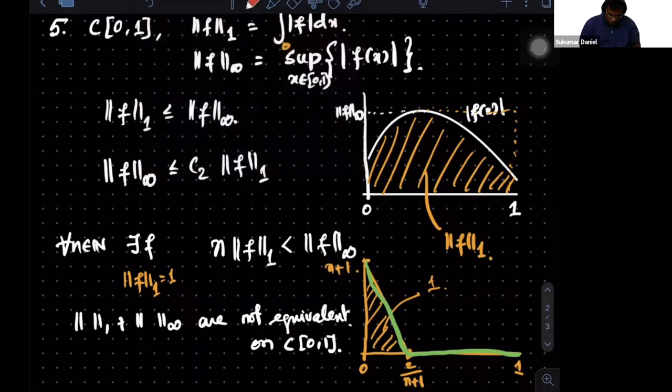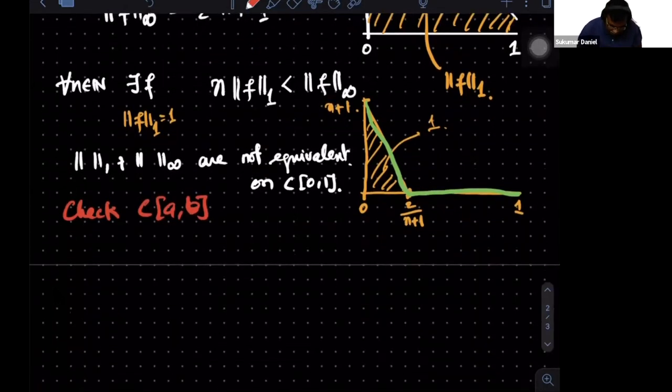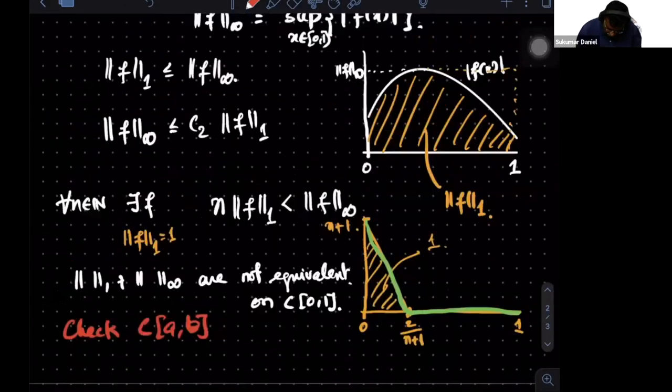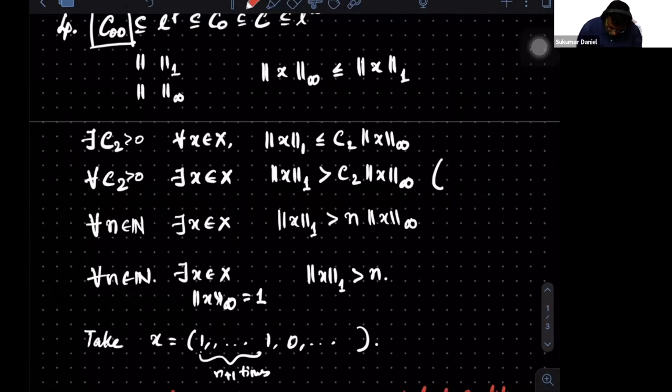If you understood everything, check the same thing. It is just trivial. You may think it is because of 0, 1 that this is happening. No, even if you consider some closed interval a, b, the same thing will work out. So these two norms are not equivalent.